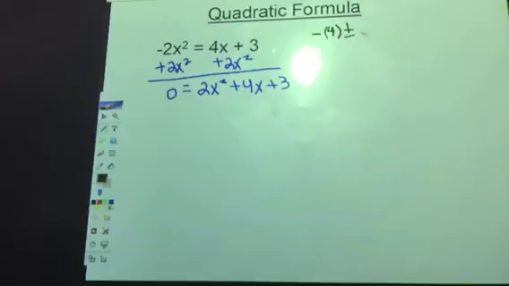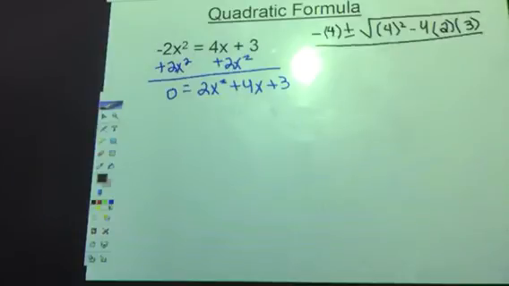Okay, plus or minus the square root of B squared minus 4 times 2 times 3. All of this is over 2 times 2.